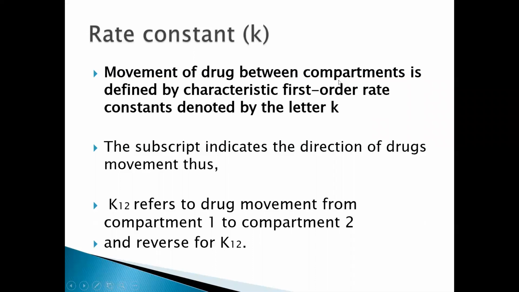Movement of drug between the compartments is defined by a characteristic first order rate constant denoted by the letter K. So the subscript indicates the direction of movement of drugs. So K12 means movement of drug from compartment 1, that is the central compartment, to compartment 2 or the peripheral compartment. And reverse will be K21.